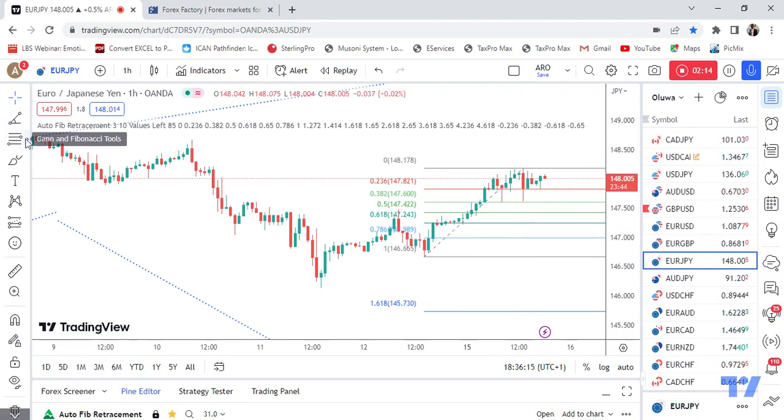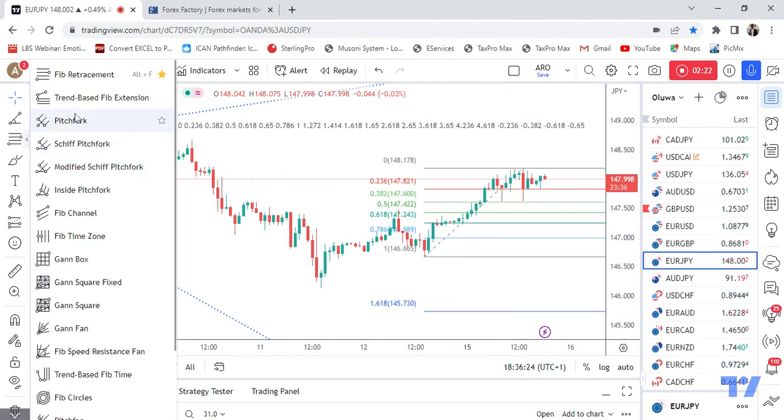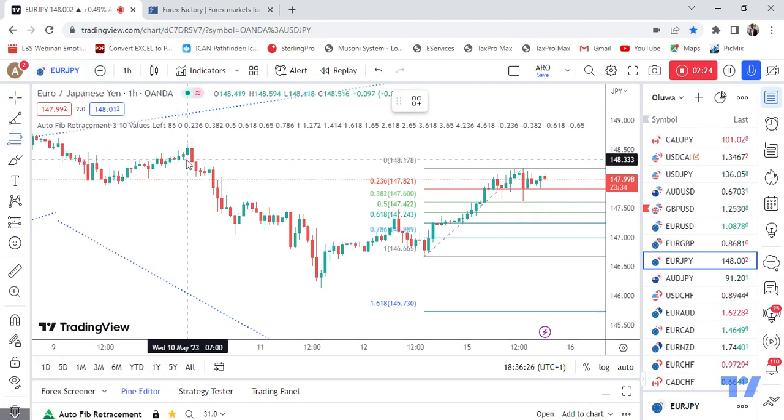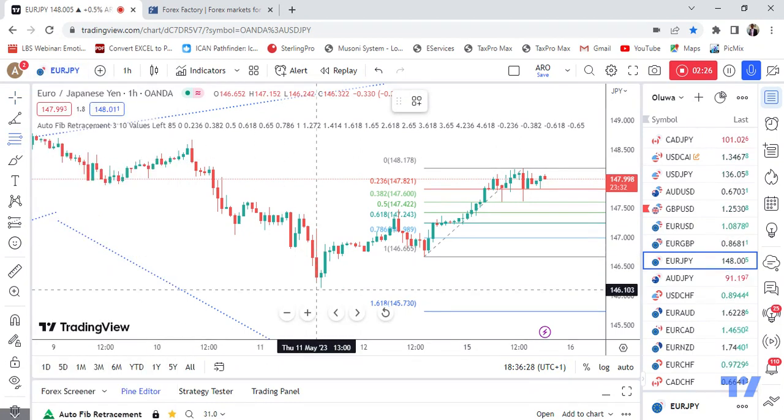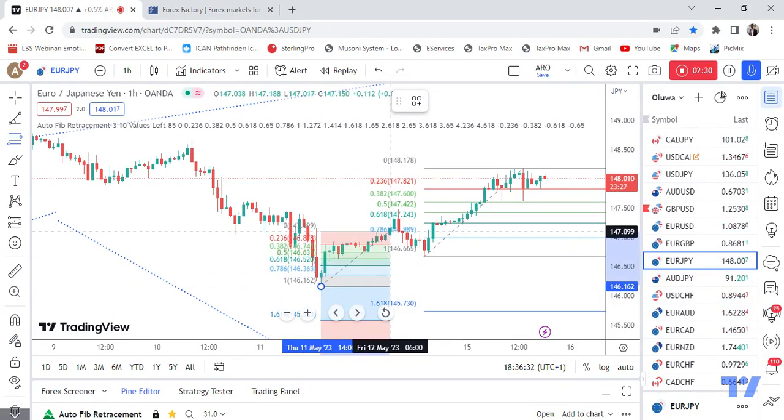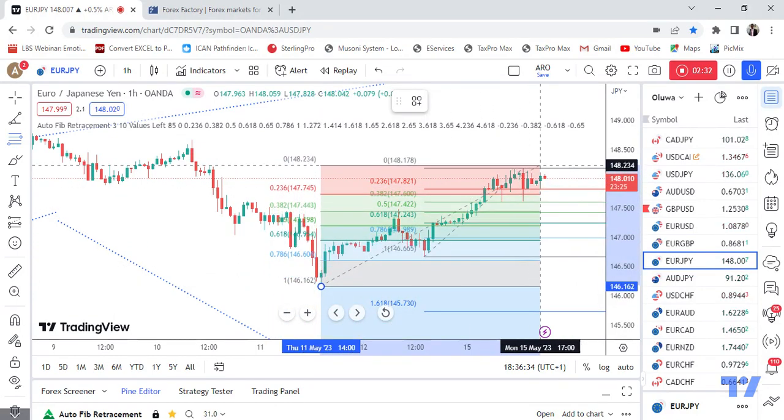Then we have Gann and Fibonacci tools. We use this to draw our Fibonacci, either extension or retracement, as you can see what I'm doing presently.